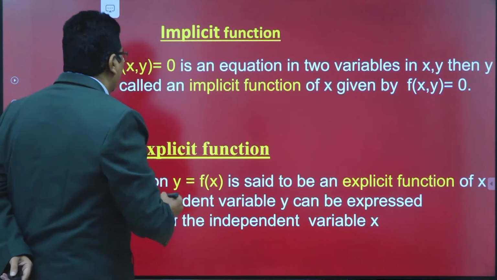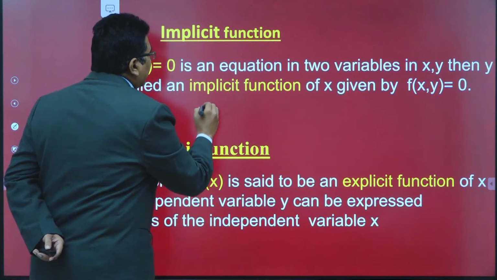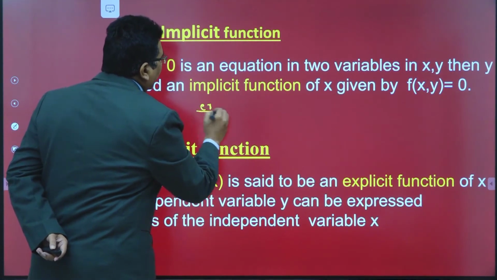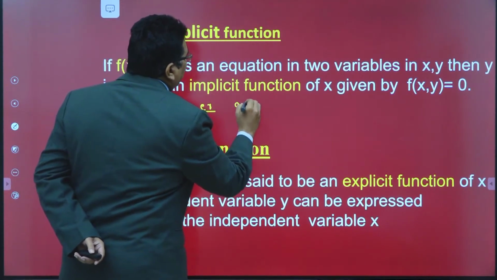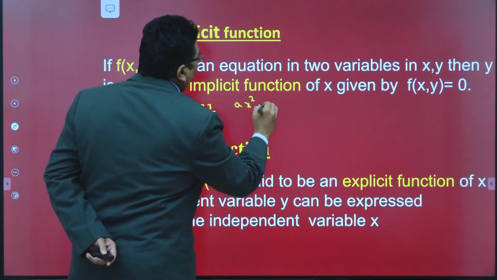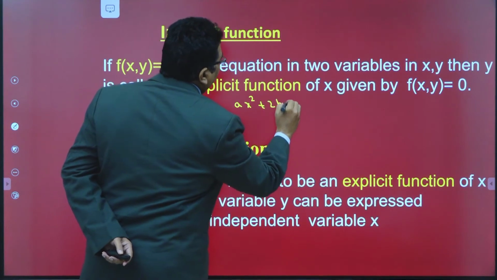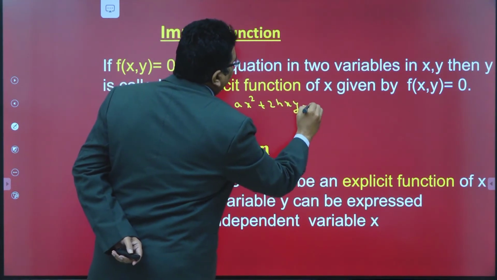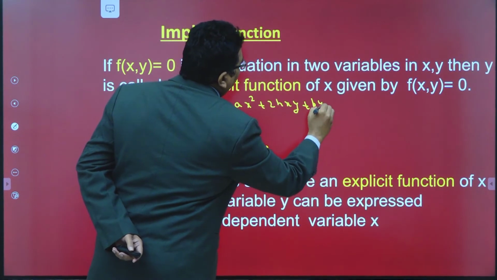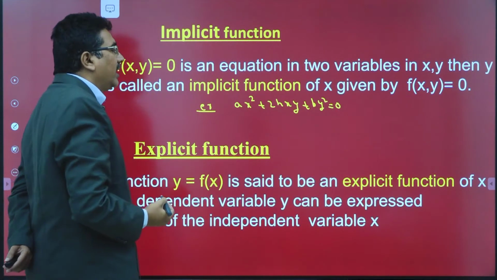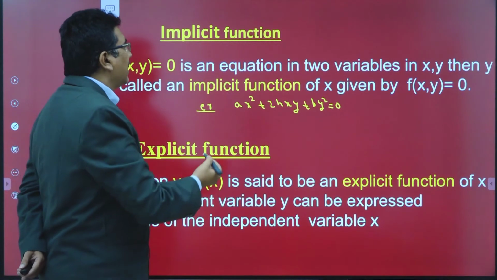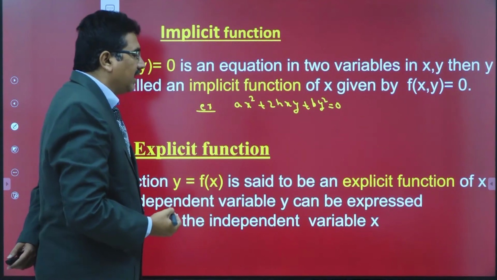The example for this function is ax square plus 2hxy plus by square is equal to 0. This is a function of two variables, x and y. This is an example of an implicit function.